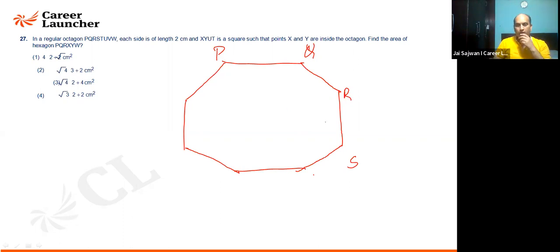So it is a regular octagon. These are the vertices which are given. Each side is of 2.